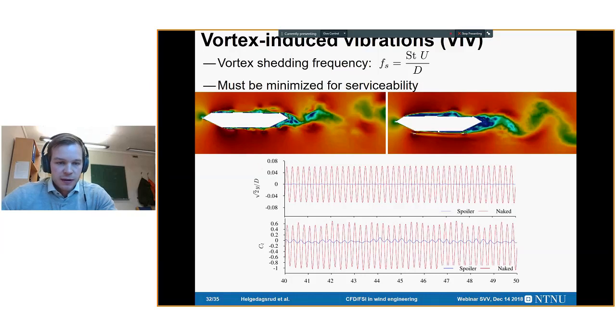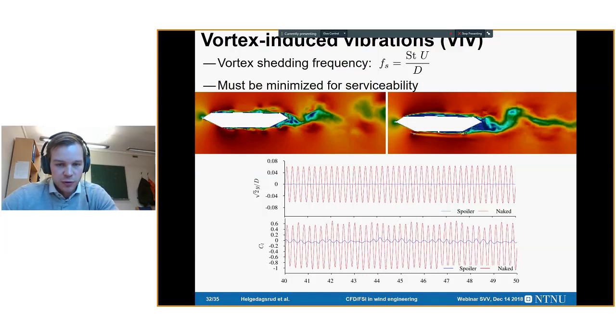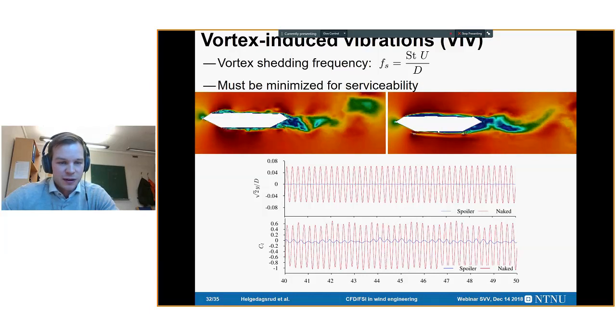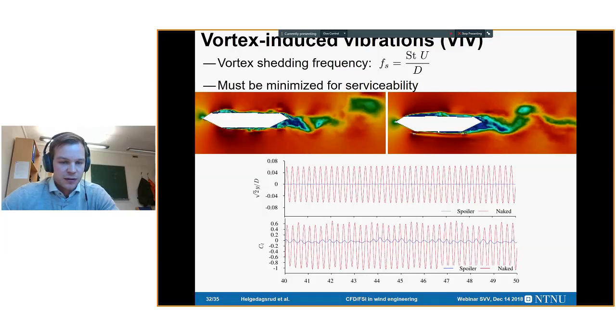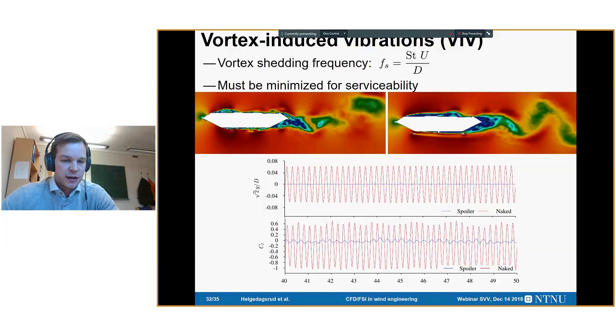But we can see this is the Hardanger bridge with the spoilers installed, and this is without. It's a red line, so we can see that we get almost no excitation with the spoilers, thanks to the small vortex shedding forces of the attached flows. Whereas for the ones without, we can see the oscillations are larger because it also locks into a higher shedding of the forces.